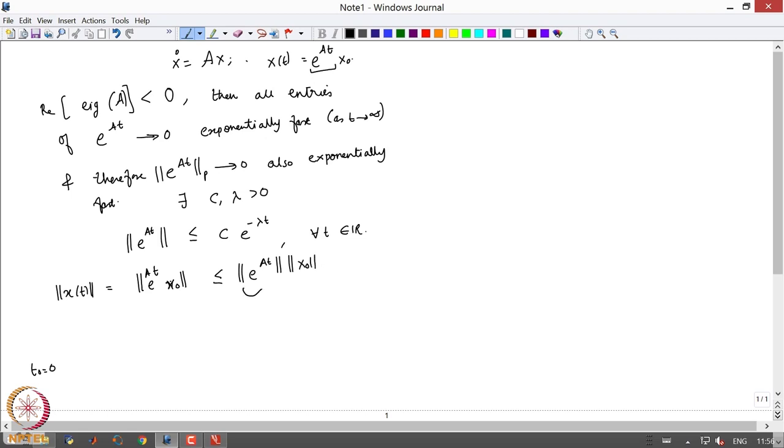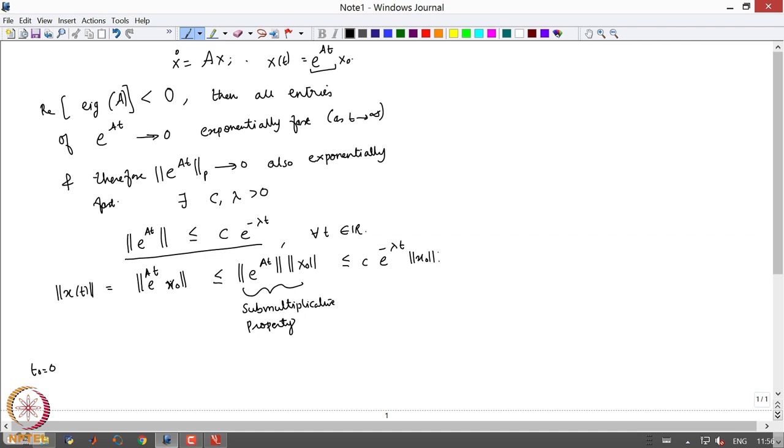Here I am using the submultiplicative property of matrix norms. And now, with this expression, I know that this is at most c e power minus lambda t times the norm of x 0.